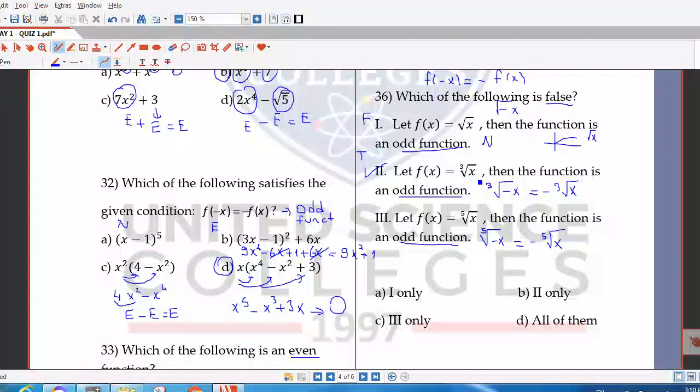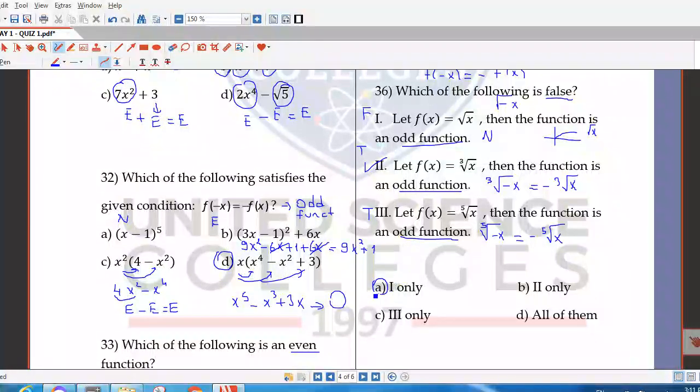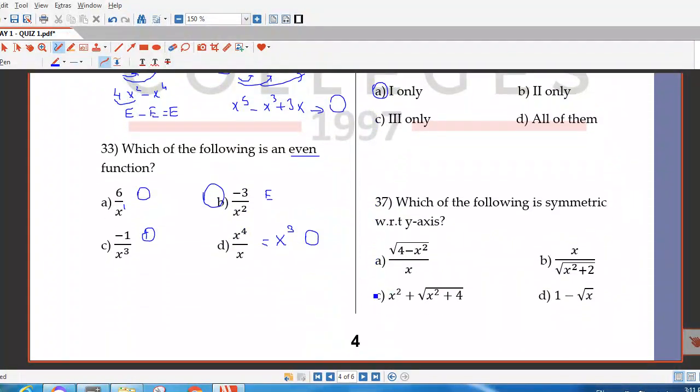It is also satisfying the equation in the beginning, which is the property of odd function. So statement 3 is also a true case. The question was asking the false statement. Only the first one is the false statement.